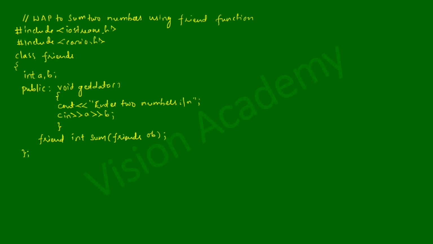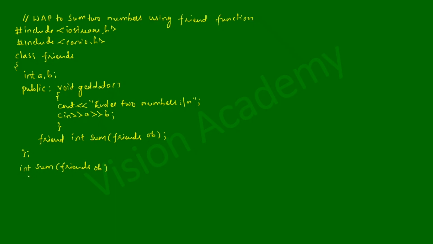Now I have to define this function with the instructions, right? So I should not use here friend keyword as per one of the characteristics of friend function. Now I have to write the return type int as it is, next sum, and inside of the round bracket I have to write the data type, that is friends, ob is argument.